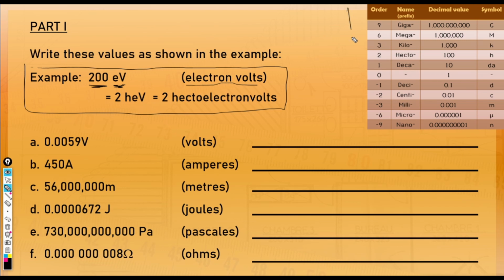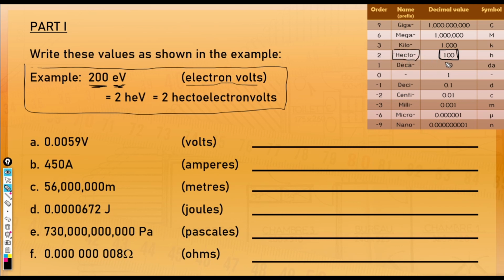And I've got this table over here, which we can see the orders like we saw in the previous videos. And we can see here that if we have 100 of something, so if there is 100 of some unit, then that would be 2 orders away from 1, so that will be 1 hecto unit.